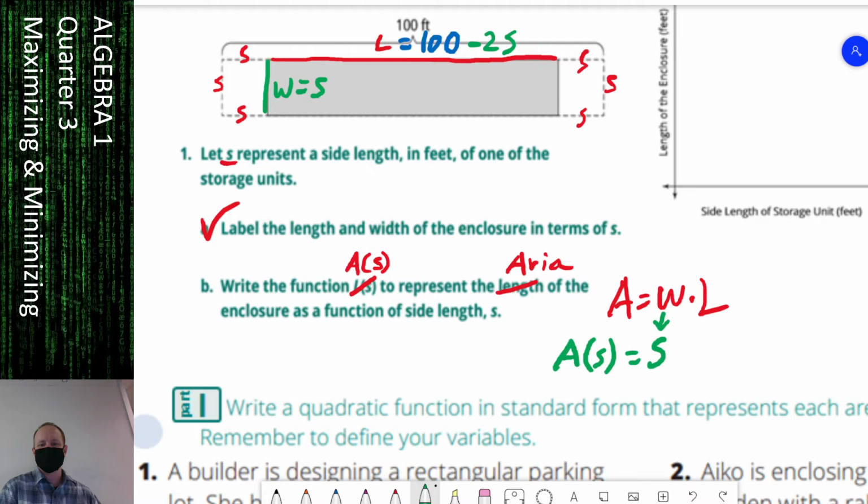W, just substitute in S for it. And then we're going to substitute in something for L. Up here, the length is 100. Take away some. So we're going to multiply that times 100 minus 2S.